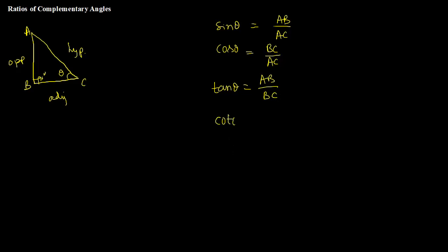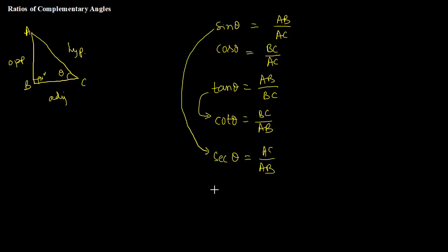Cot theta will be reciprocal of tan theta, which is BC by AB. Secant theta is reciprocal of cos theta, which is AC by BC.